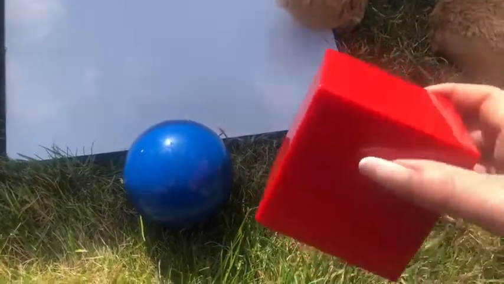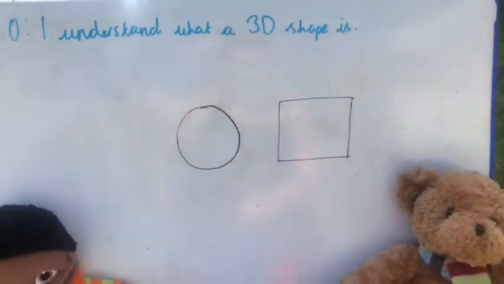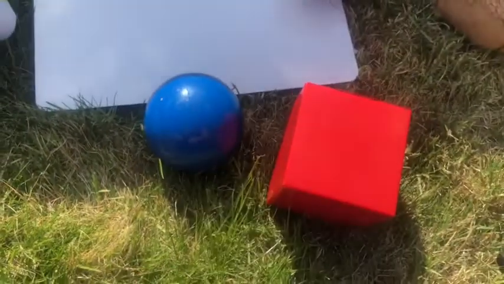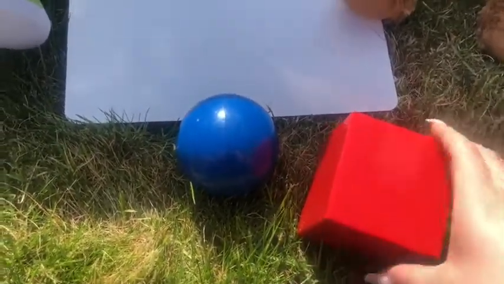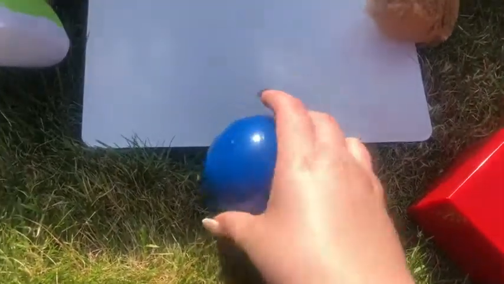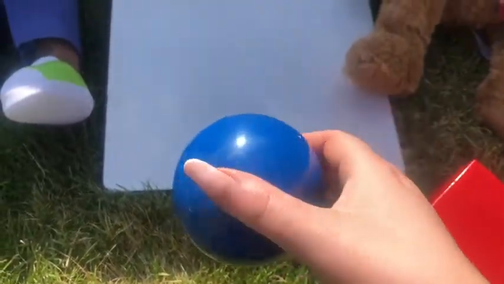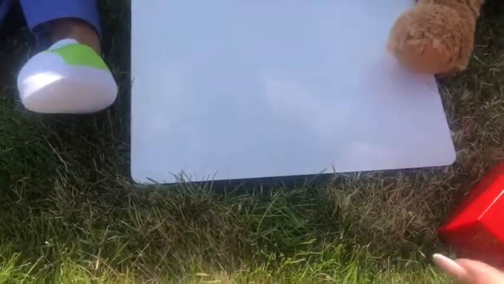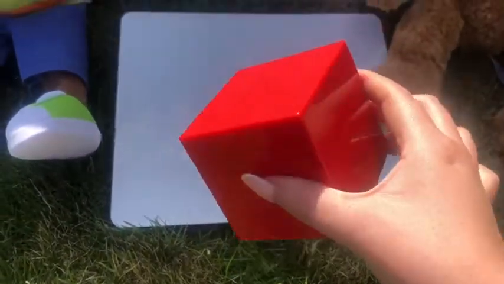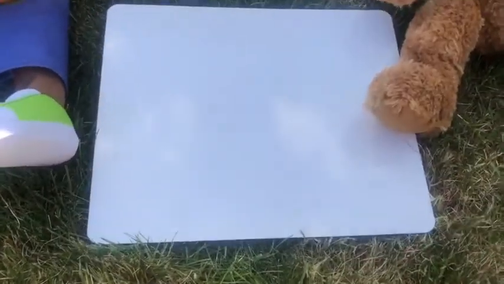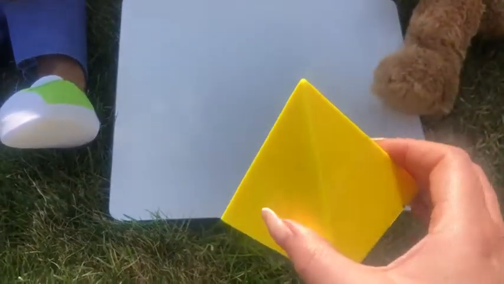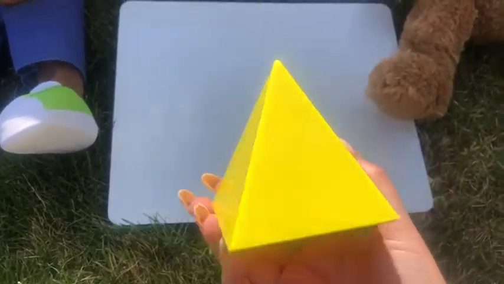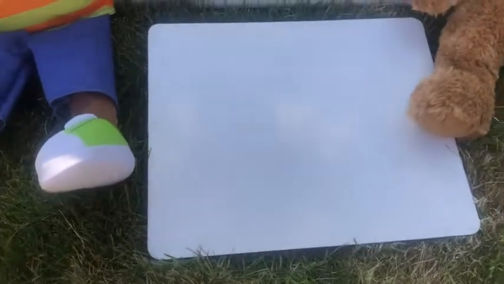But that is just some differences between 2D shapes that we were learning last week and 3D shapes that we were learning this week, okay? So just to recap from the song, we have a sphere. Good job. We have a cube. Excellent. We have, what's this one? Who remembers this one? It's a pyramid. Well done.